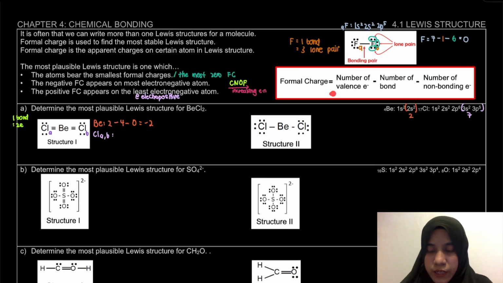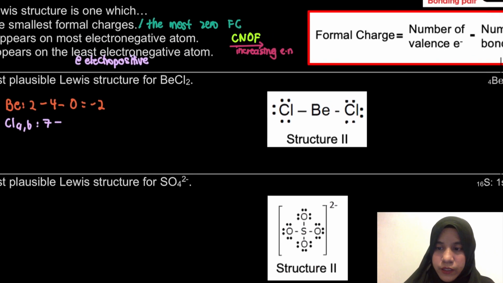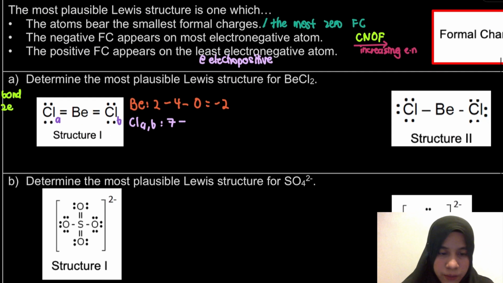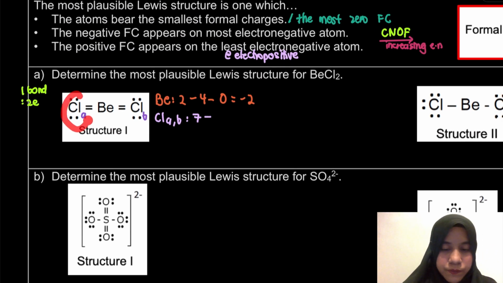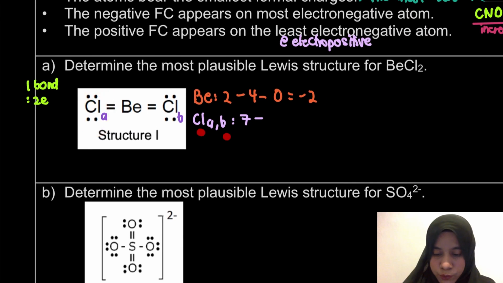Number of valence electrons, which is 7, minus the number of bonds. How many bonds? So, kita kira lah chlorine ni. This is the same for chlorine A and chlorine B. Ataupun kalau kamu tak nak tulis macam ni pun tak apa, padam lah.